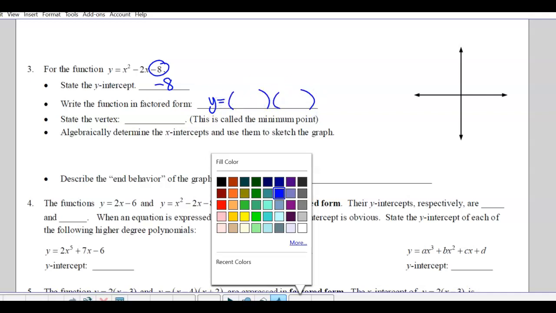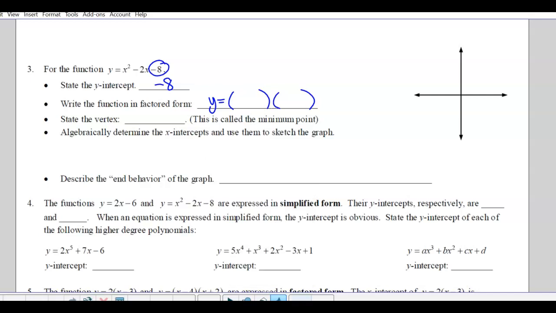Okay, so factor that. What does that factor to? X minus 4, x plus 2. Then it says state the vertex.